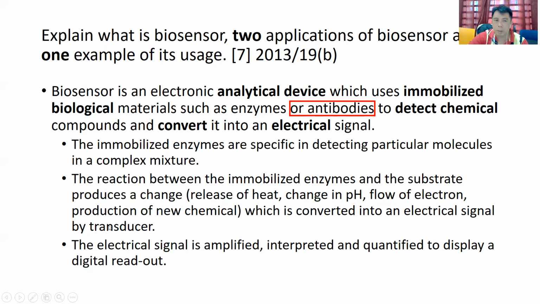So this is the function of the transducer. It can detect any of these changes. Then the electrical signal is amplified, interpreted, and quantified to display a digital readout. So this explains what a biosensor is and how the biosensor functions.